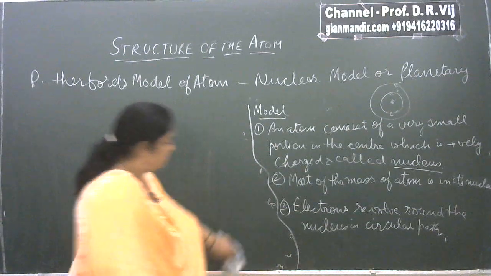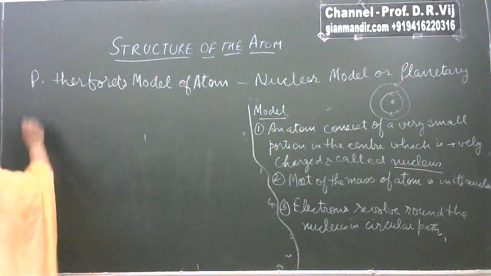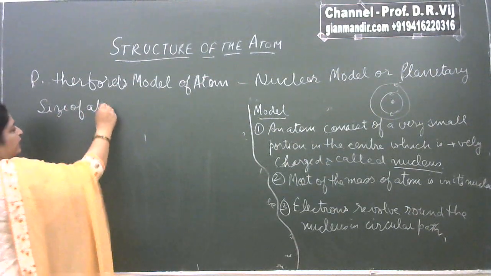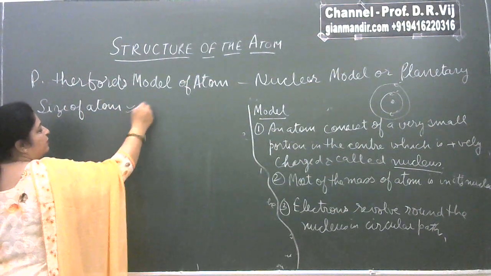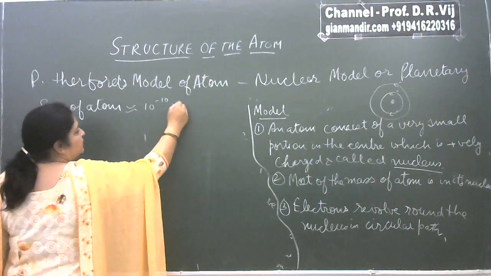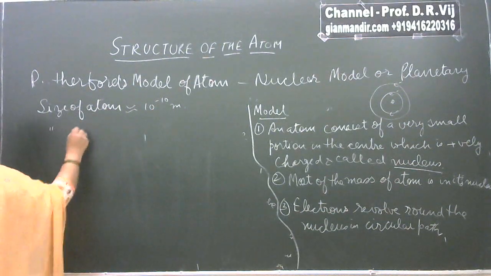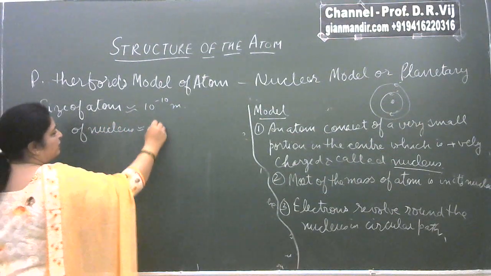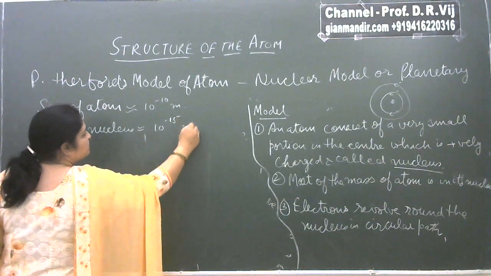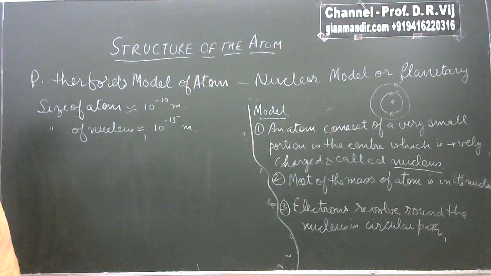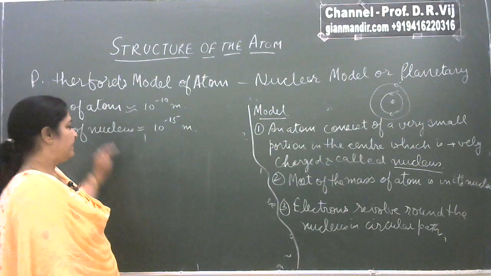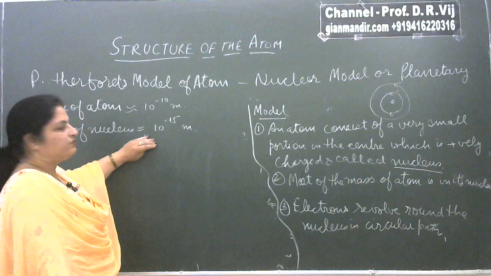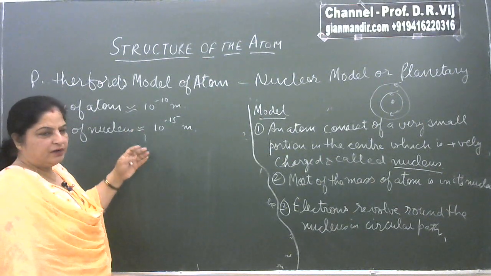So you can say the size of the atom is of the order of 10 raised to power minus 10 meter, whereas the size of the nucleus is of the order of 10 raised to power minus 15 meter. So you can imagine that as compared to the nucleus, the size of the atom is very, very large, right?